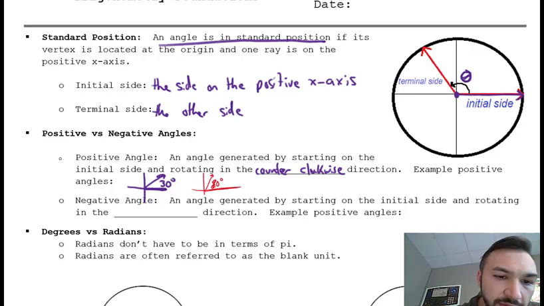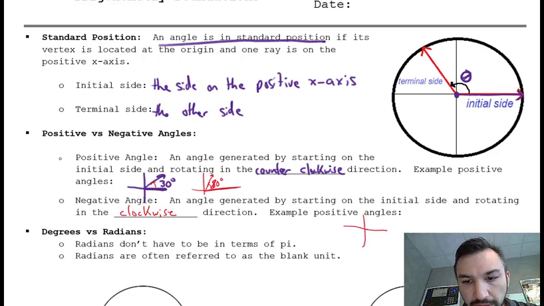Okay, so the important thing is the direction here. From here, turning this way. From here, turning this way. So a negative angle is just an angle that measures in the opposite direction, so in the clockwise direction. So I'm going to use these same numbers. If 30 degrees opens up that much that direction, then negative 30 degrees would open up the same amount just in the clockwise direction.